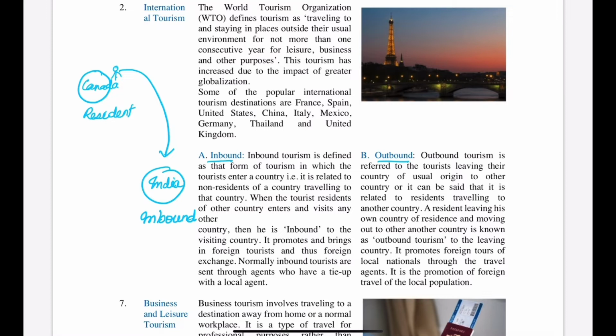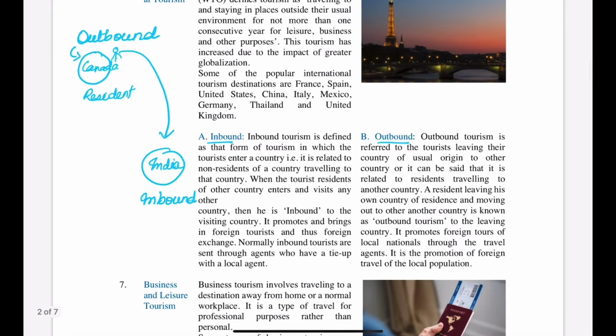And with reference to Canada, this is called outbound tourism because this person is leaving his own country. He is a resident of this country and he is leaving it to visit another country. So with reference to his own country, it is called outbound tourism, and wherever this person is moving to is called inbound tourism.